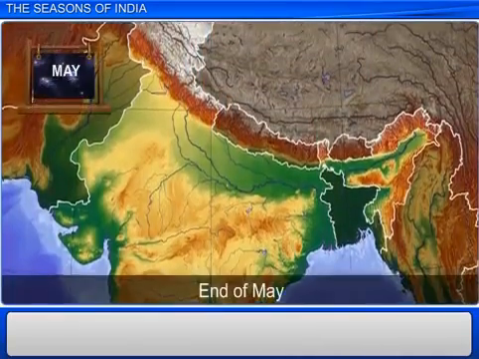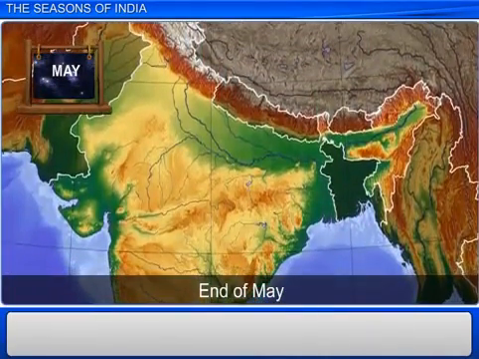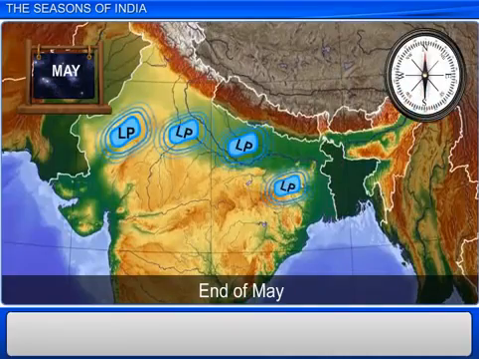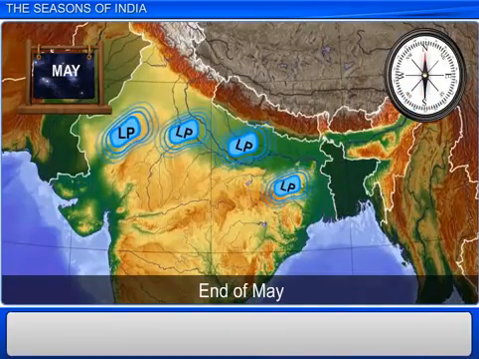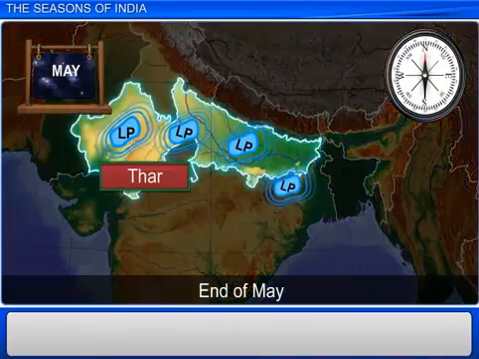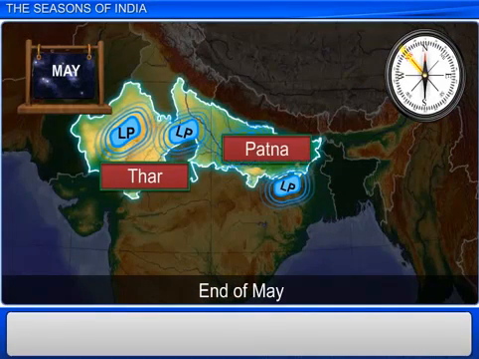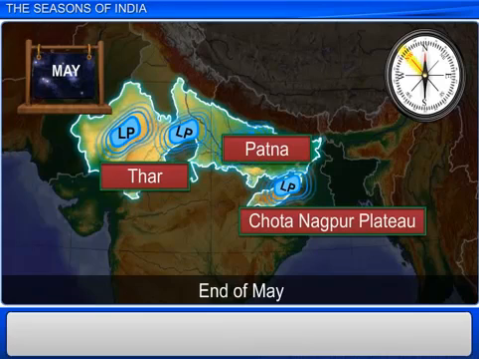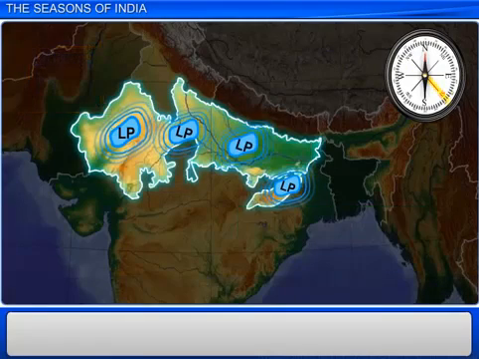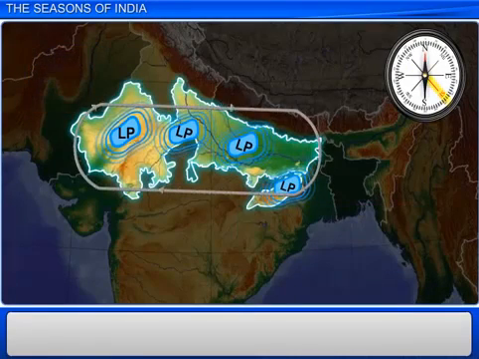Towards the end of May, an elongated low-pressure area develops in the region extending from the Thar Desert in the northwest to Patna and the Chota Nagpur Plateau in the east and southeast. Circulation of air begins to set in around this trough.